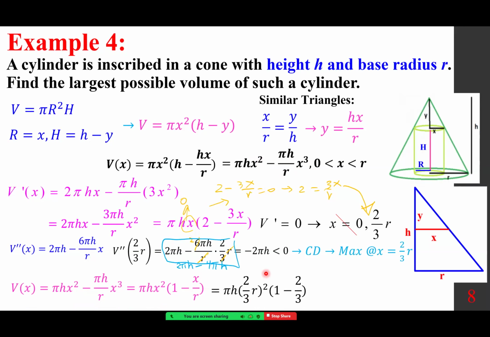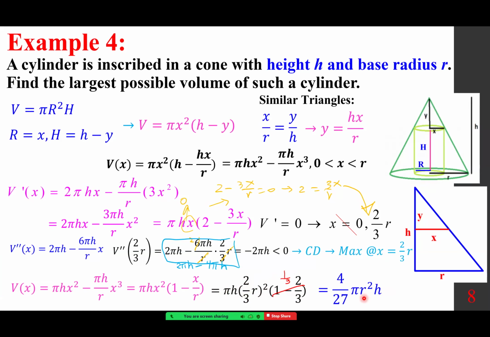So this is 2/3 r quantity squared, and this is 1 minus x. 2/3 r divided by r is 1 minus 2/3, and I hope you recognize this as 1/3. So 1/3, this is 2/3 squared, or 4/9. 1/3 times 4/9 is 4/27 pi r squared h. I hope you can see that the product of this becomes 4/27 pi r squared h.